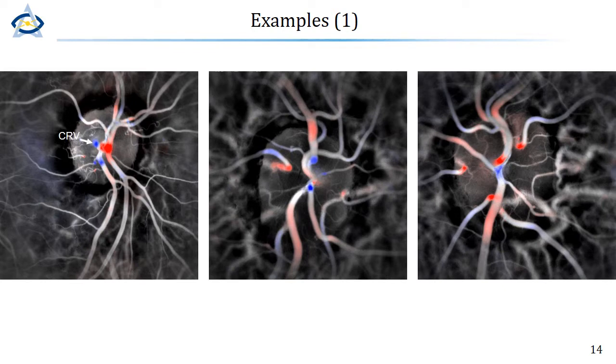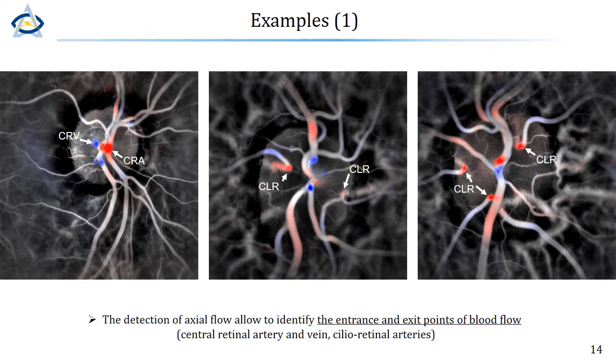You can really well spot the central retinal vein in blue and the artery in red. You can also very well spot the cilioretinal artery thanks to this red contrast here, and you can see it in all these examples here. So what you see here is really the entrance and exit points of blood flow into the retina, and we can spot them because of their vertical orientation.